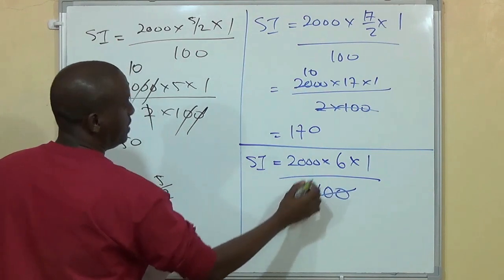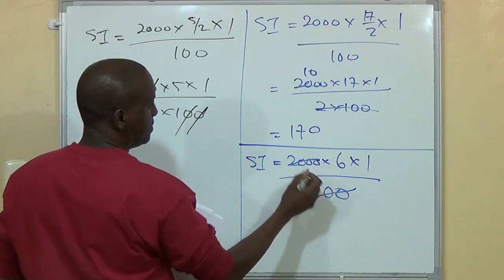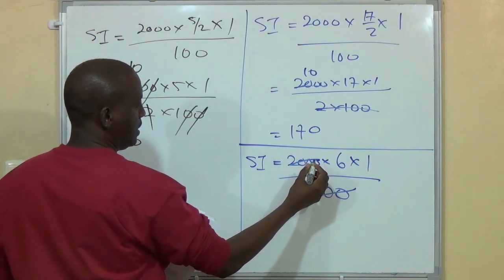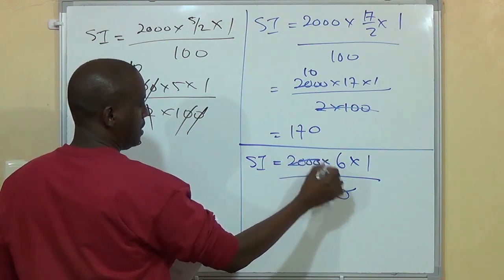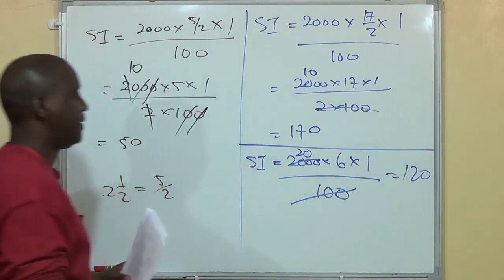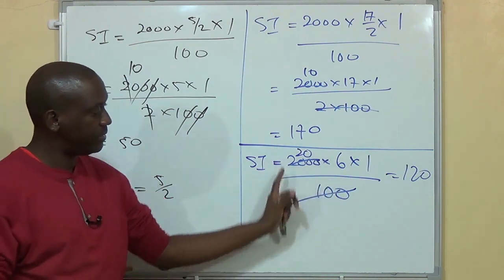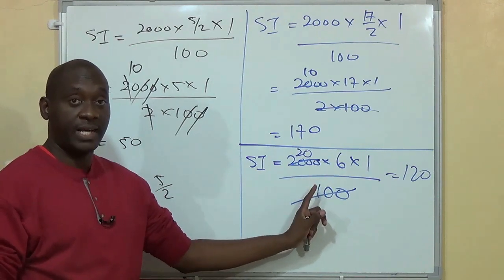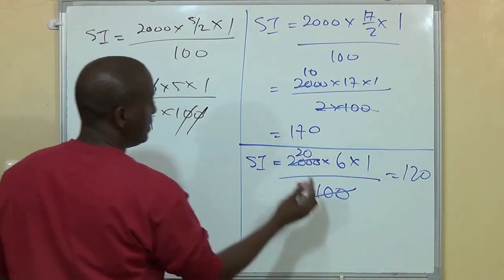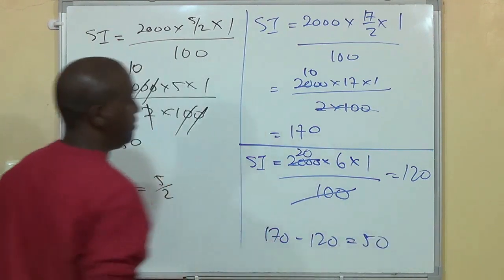Now 100 into 2000 is 20. 20 by 6 is 120. Again, I worked kind of quick here, but if you need to slow down to go through this, because you wouldn't have the calculator in the exam, then by all means do so. 20 by 6 is 120. Watch it. 170 minus 120 is equal to 50.